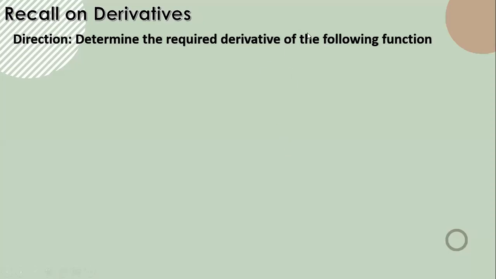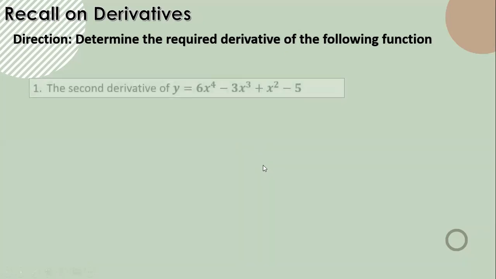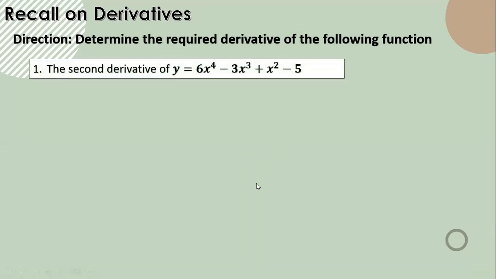Okay, so before we go to our lesson proper, let's recall our derivatives. For the directions, we will be determining the required derivative of the following functions. The second derivative of y is equal to 6x to the fourth minus 3x cubed plus x squared minus 5.